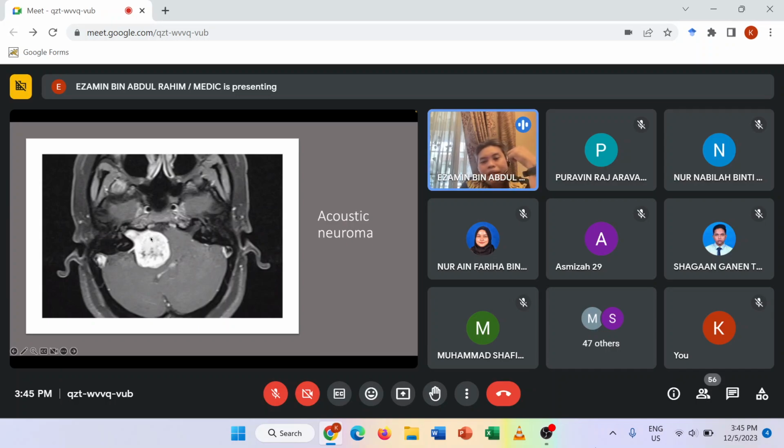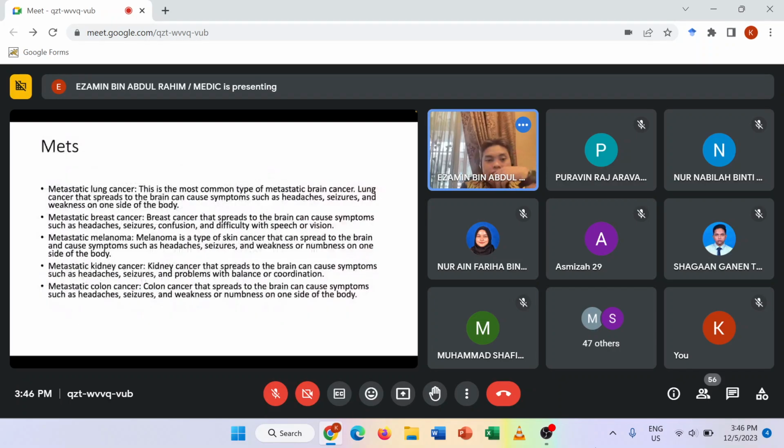It is not malignant but it compresses. Patient may have tinnitus, and then imbalance, and sometimes the patient can get weakness also if it compresses the pons. The pons has the motor cortex tracts, so it may compress those also.